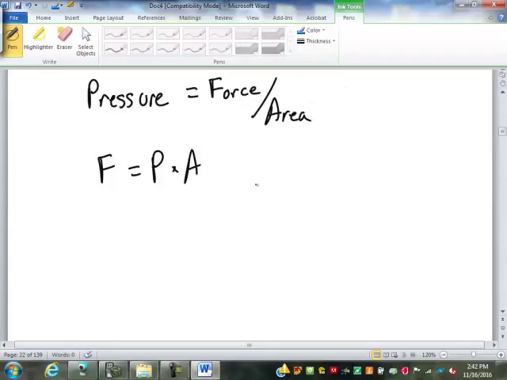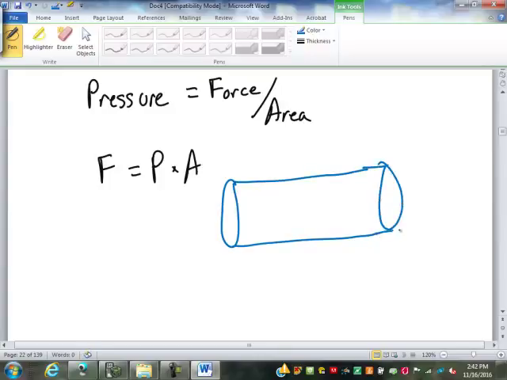For example, if you guys are familiar with the hydraulic cylinder at all. A hydraulic cylinder is just a cylinder, and inside that cylinder, one end has a small hole in it for a rod to slide in and out, and inside there is just a disc that fits tightly inside the sleeve of that cylinder.